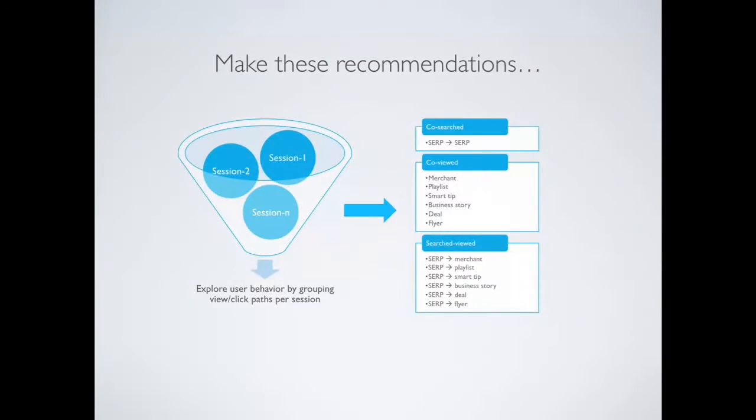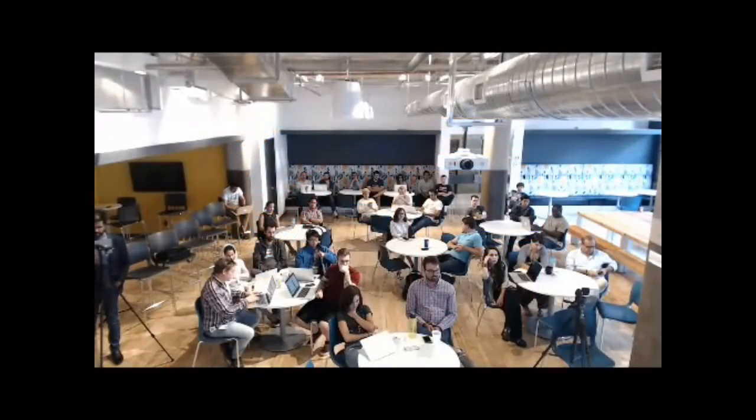So what we try to do is identify paths or user behavior shared among multiple sessions, and then the next time you get a user that follows that same path, you recommend to him what the next step might be. By doing this, we can do recommendations like: people who search for this also search for that, and people who viewed this type of content also viewed this type of content.